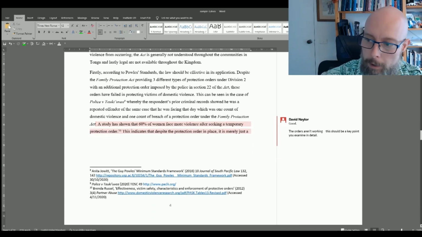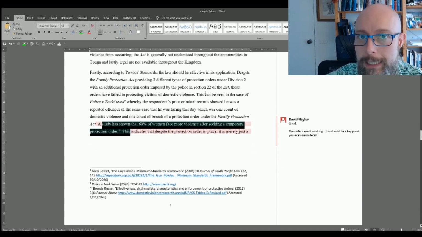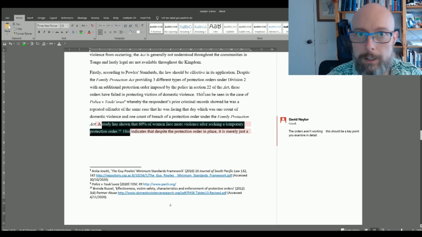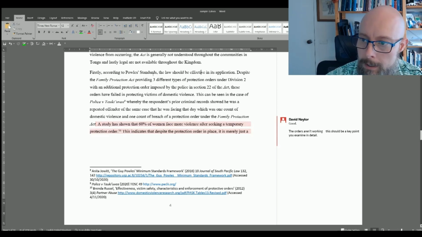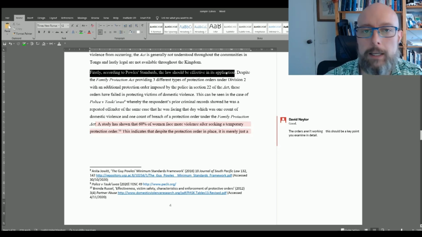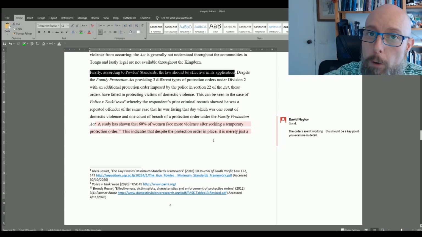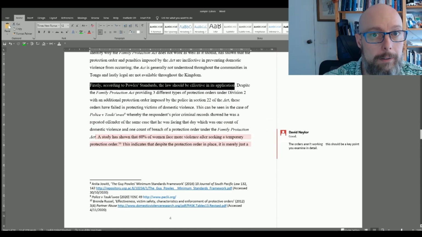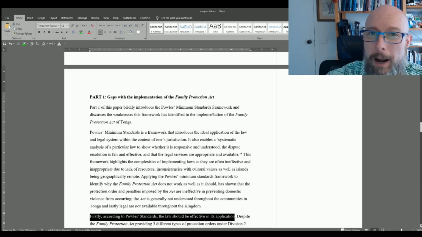Let me refer you to statistics and data relevant to this jurisdiction that show that this is a problem. And I'm telling you that these bits of evidence inform us that the law is not being effective. That's what you're trying to do with this part of your paper.